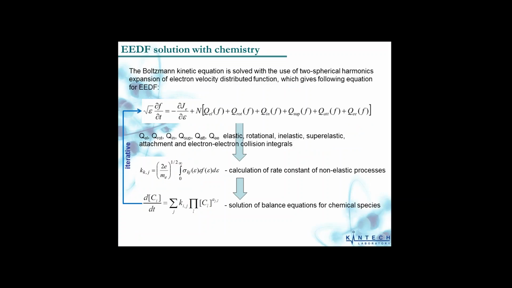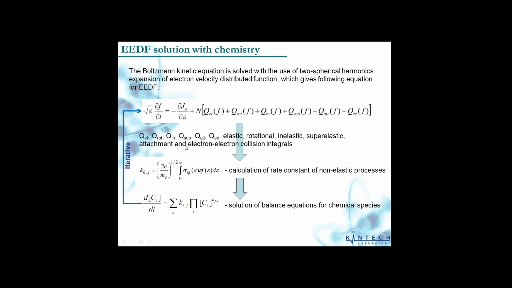These slides show how the solution is found when we have close coupling between the EDF and the balance for chemical species. As a first step, we solve the Boltzmann equation.